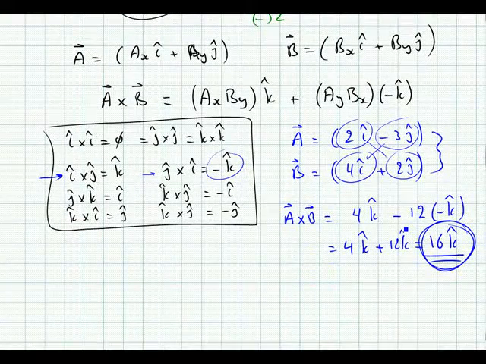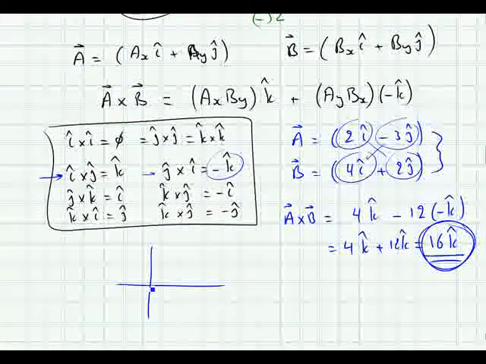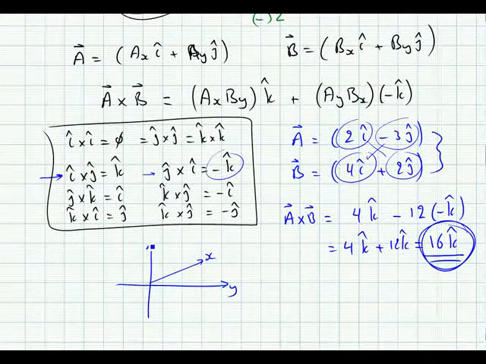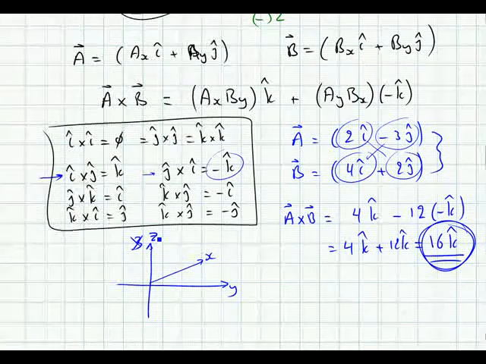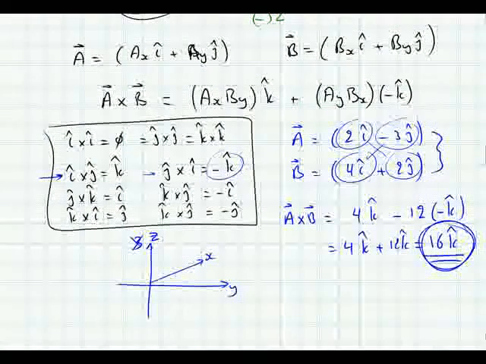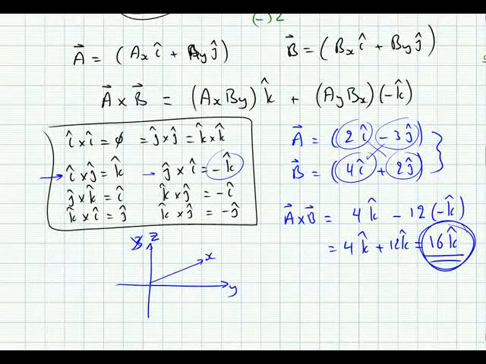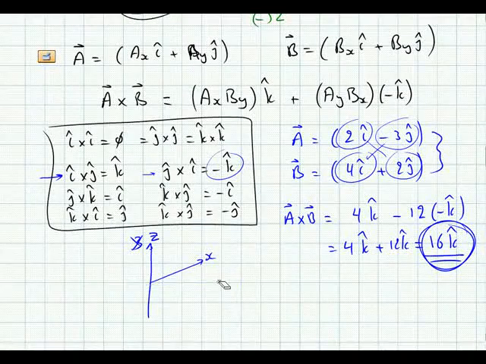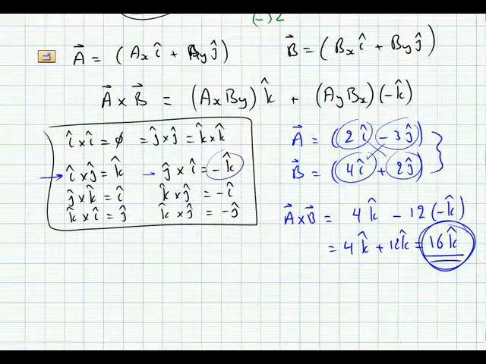So once again, if you have the x, the y direction, and this is the z direction, vector A we said is 2i minus 3j. The way I've drawn my axis, that's not quite right, so let me redo it.